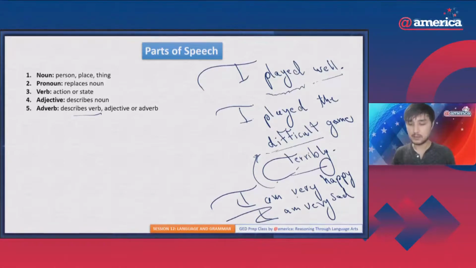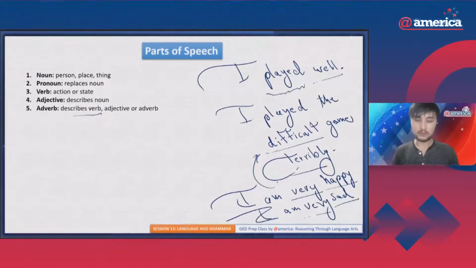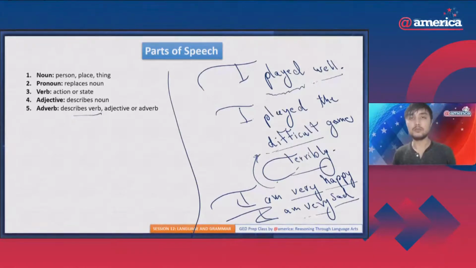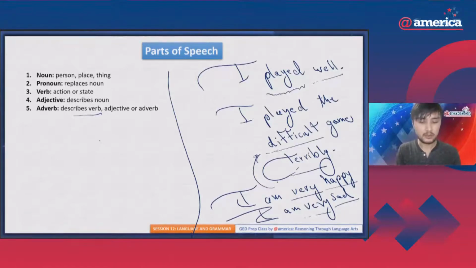In this sentence, you can see that very is the adverb, happy is the adjective, very is the adverb, and sad here is the adjective. We said that it also describes another adverb. Where you could say fast is both an adjective and an adverb.